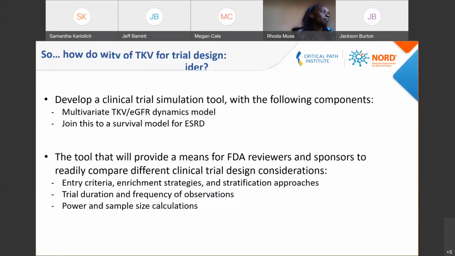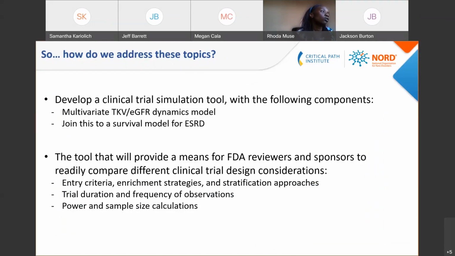Next slide. So with this outstanding question, we ask ourselves, how can we address these remaining topics? So this is where CPAT within RDCA-DAP proposed to develop a clinical trial simulation tool with the following components: multivariate TKV and eGFR dynamics model, and this will be linked to a survival model for end-stage renal disease, ESRD.